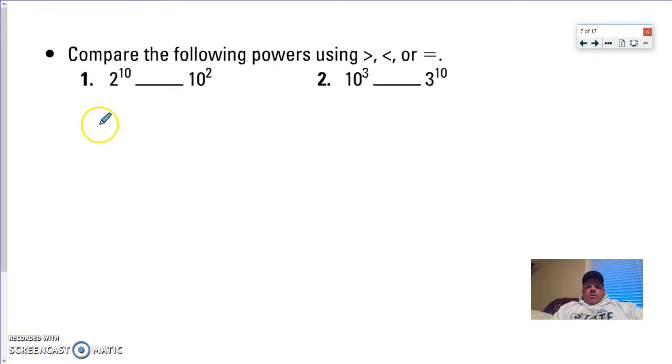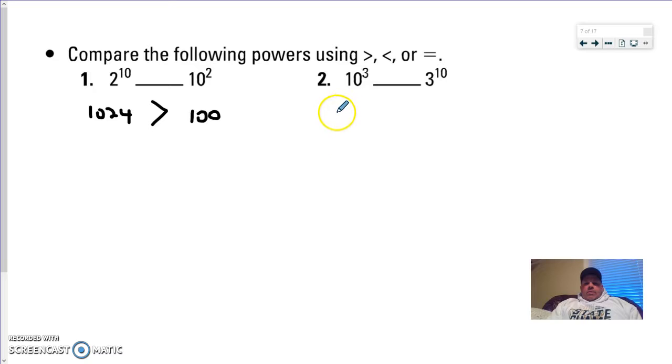In our first answer, 2 to the 10th is actually 1,024, and that is larger than 10 to the 2nd, which is only 100. So therefore, we know that 2 to the 10th is greater than 10 to the 2nd.